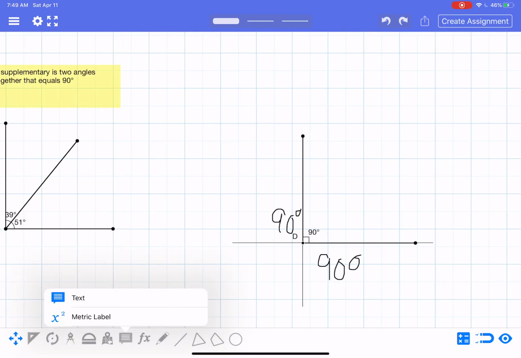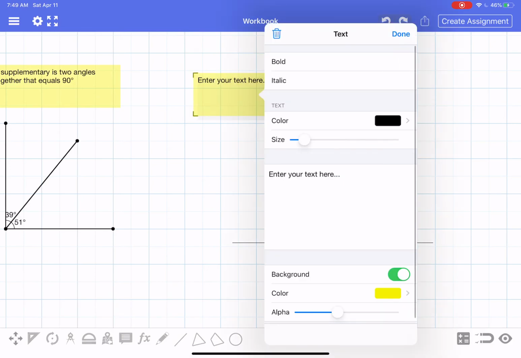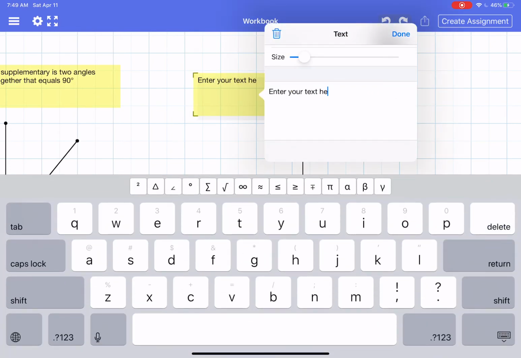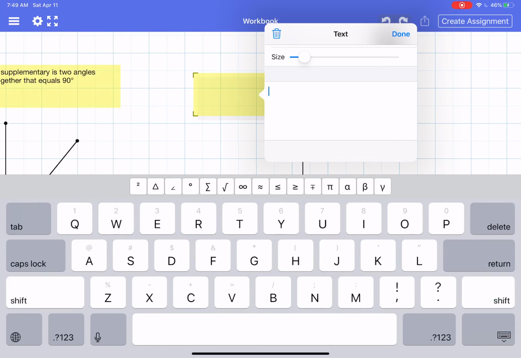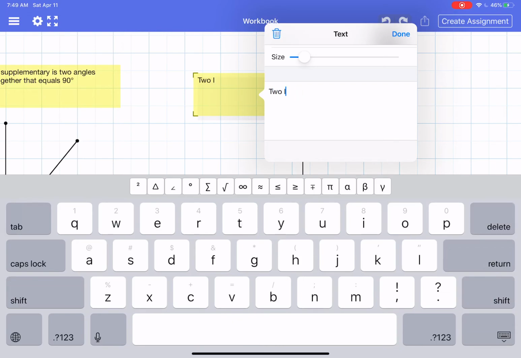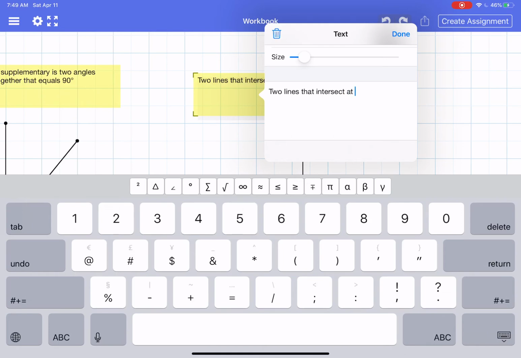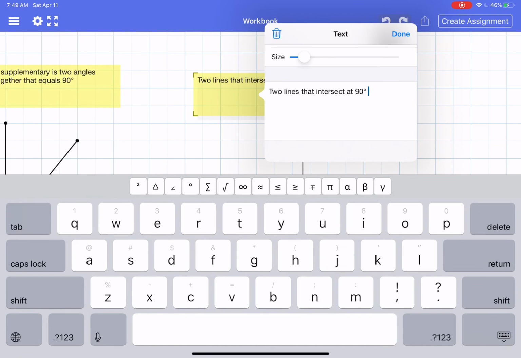So we are going to make a text note again. Put it here. Two lines that intersect at 90-degree corners are called, I think it's, are called, I use grammar, right?